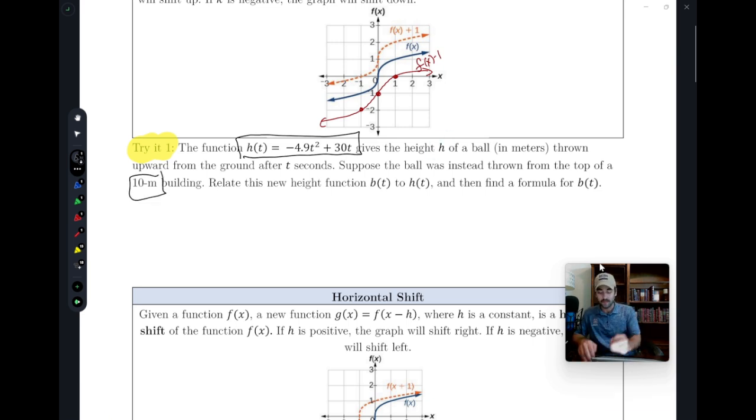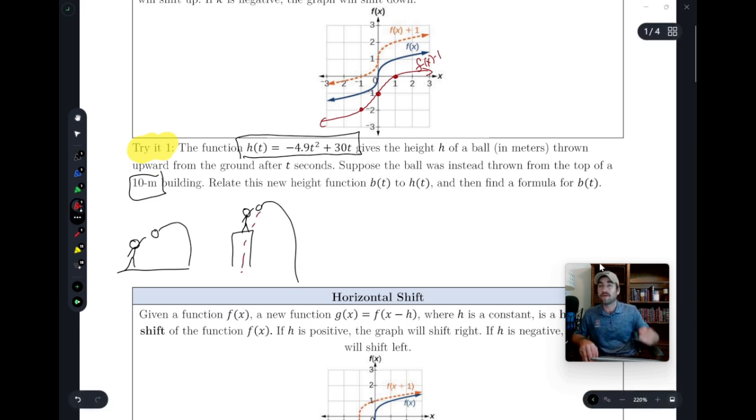I want to throw it from a 10-meter building. What you had in the first place was a guy throwing a ball from the ground and the height looking like a parabola as time went on. Now you've got a guy on top of a building throwing the same ball, and that's also a parabola, in that red zone. How did it change?